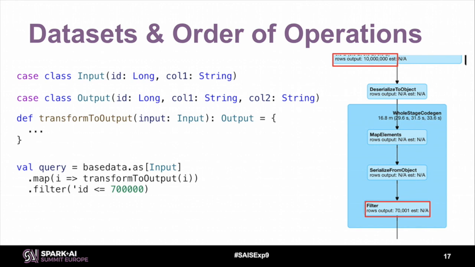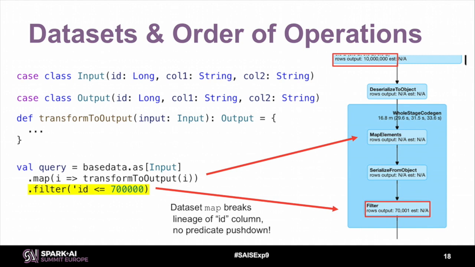But if you look at the query plan here, you can see that it's actually loading all 10 million records, and the filter down to less than 700,000 records is happening towards the end. What's happening is that because we're using the dataset API and applying the filter after our map transformation, that map operation is opaque to Spark.